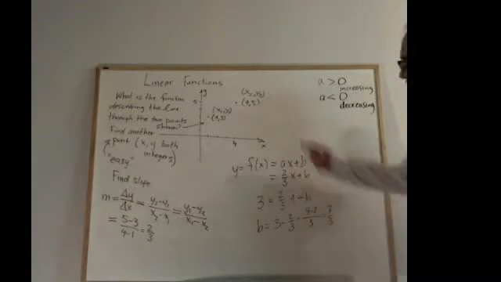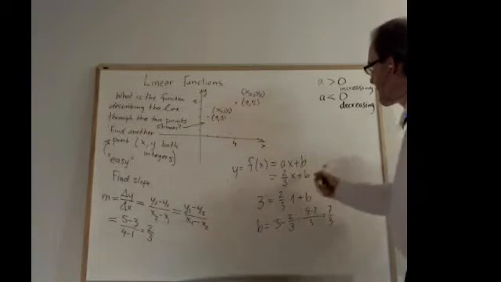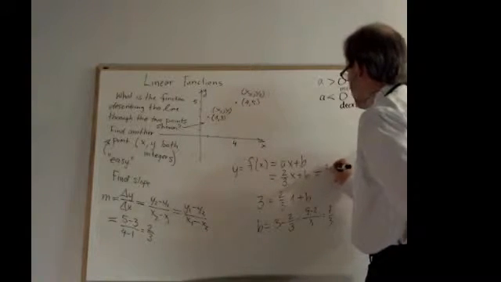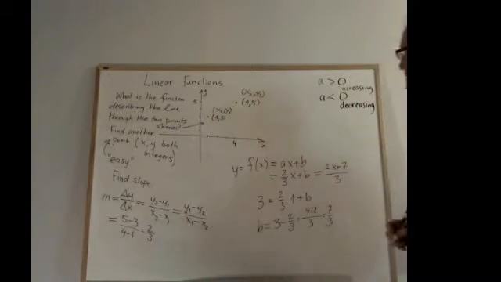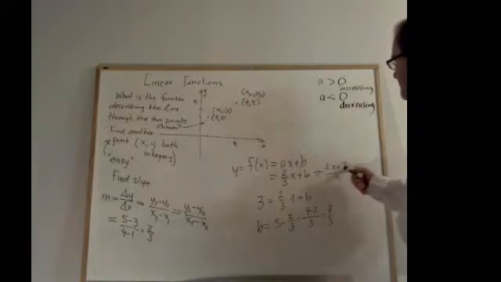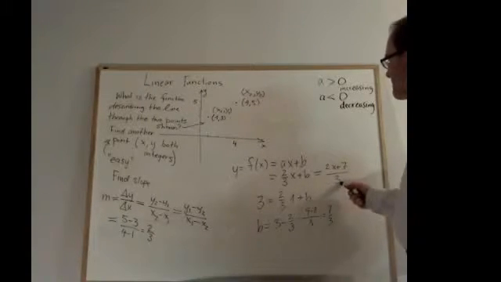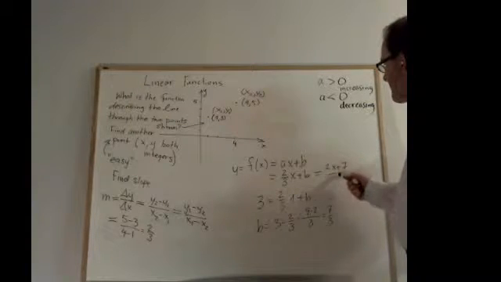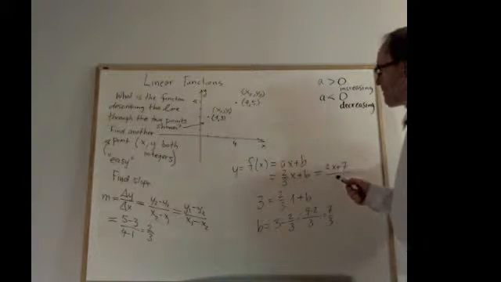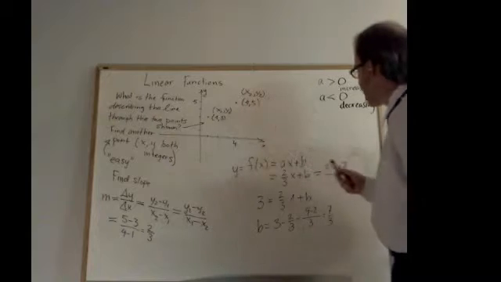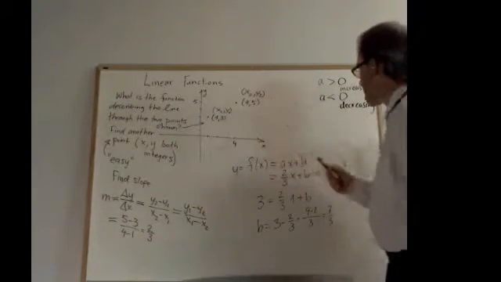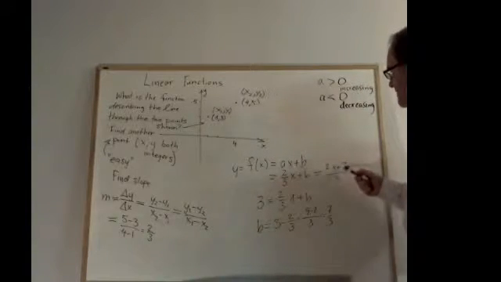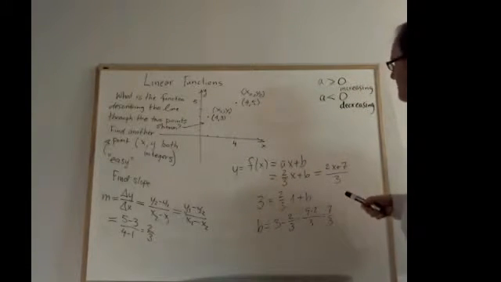Now to check this with the other point to make sure it's correct. So our function then would be 2/3 x plus 7 over 3. So x equals 1 gives us 9 over 3, which is 3. X equals 4 gives us 2 times 4 is 8, plus 7 is 15, divided by 3 is 5.